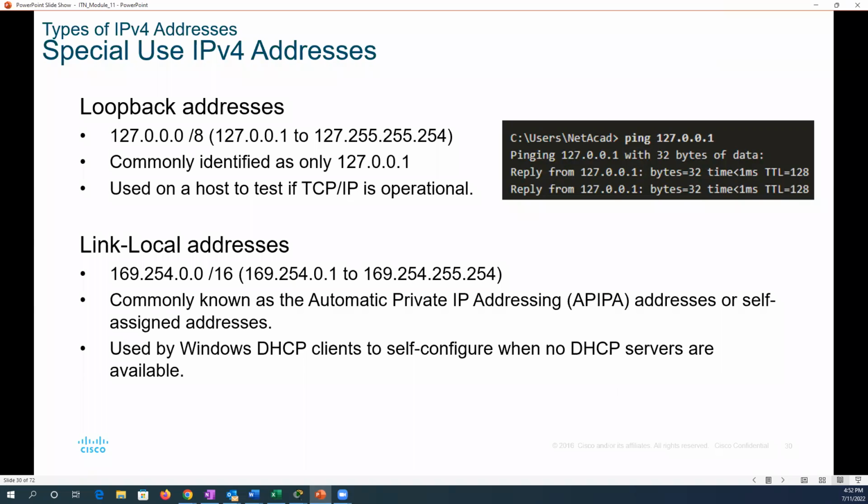What I tell my students is if you do an ipconfig and you see a 169.254, call the babysitter, you're not going home tonight. Something's wrong with some type of connectivity. You have to figure out who all has it. What's going on with DHCP? It's a long night. You don't want to see this.